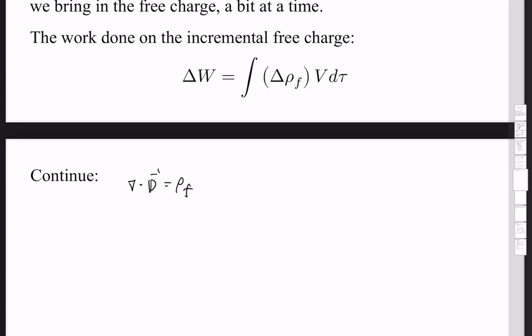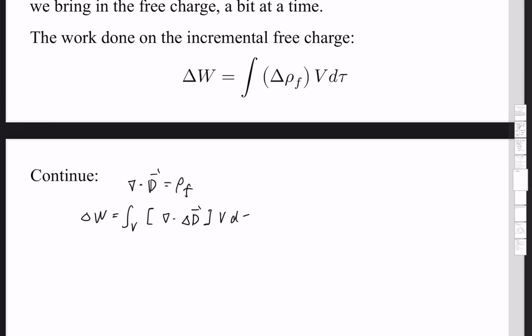Then we can replace the infinitesimal rho free by del dot the infinitesimal change of D.